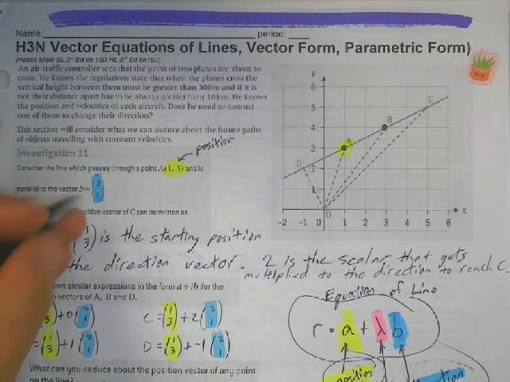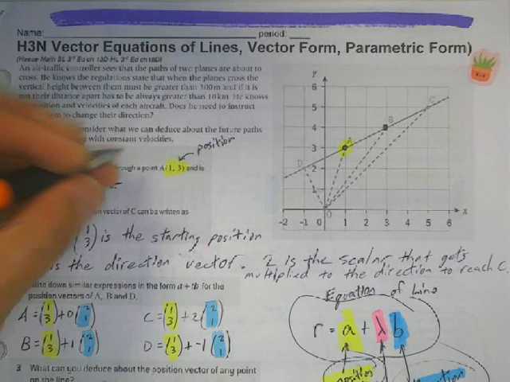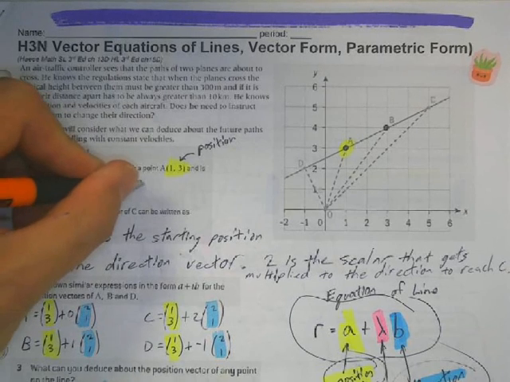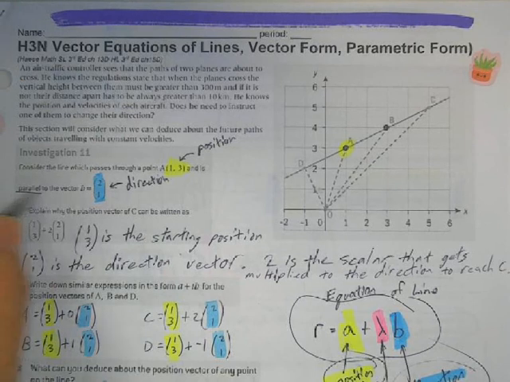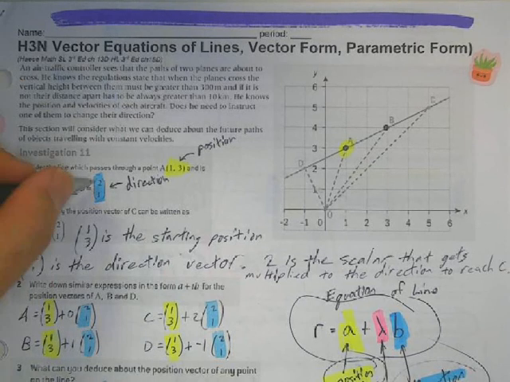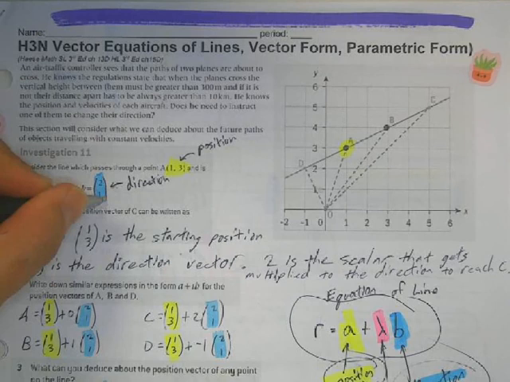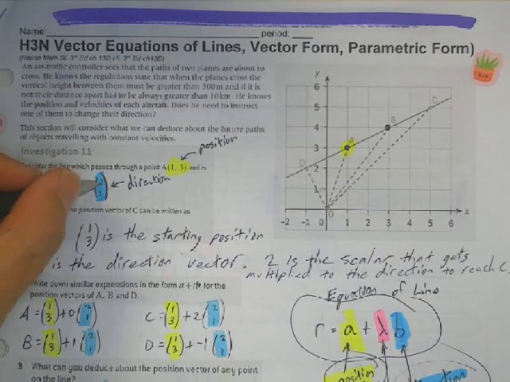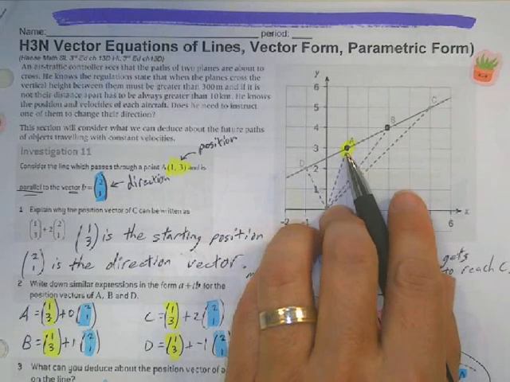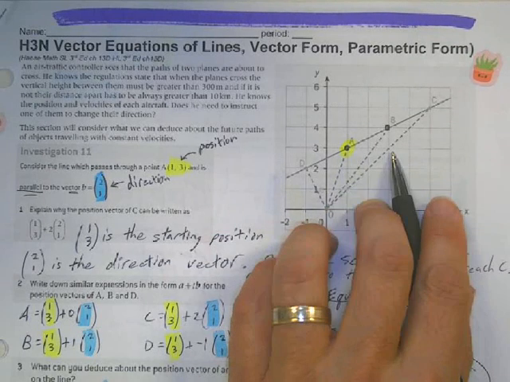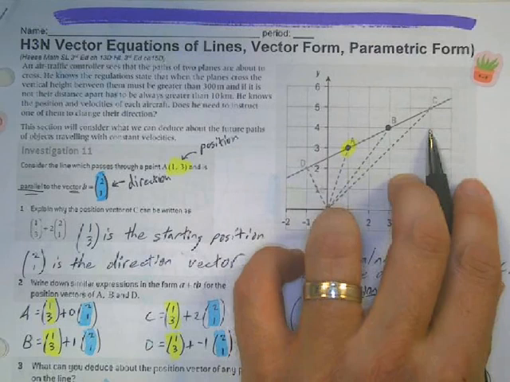And this is our direction vector. So it's parallel to this vector, which means the direction we're moving on the line is 2 to the right and 1 up. So from A, I'm going 2 to the right, 1 up, 2 to the right, 1 up.